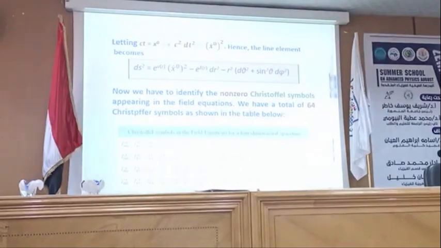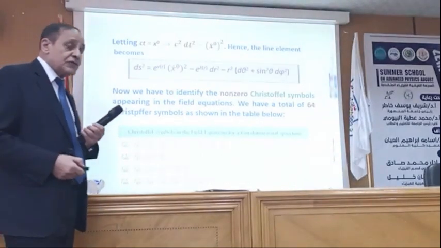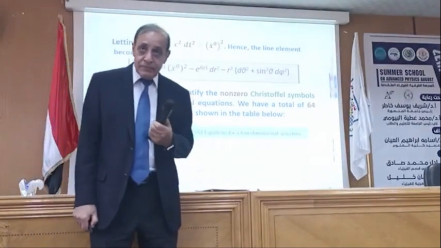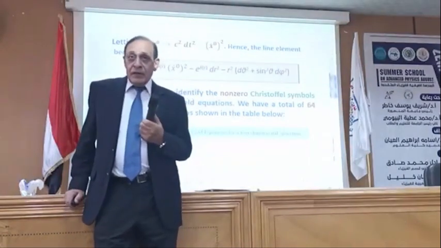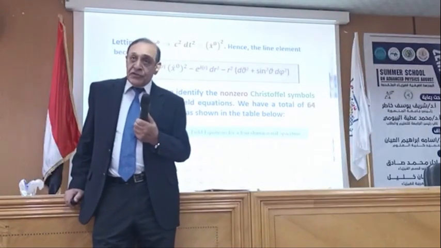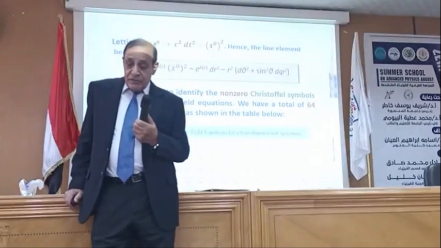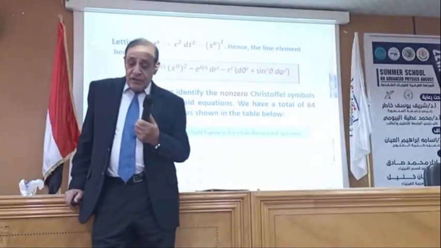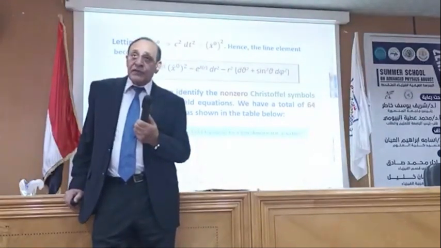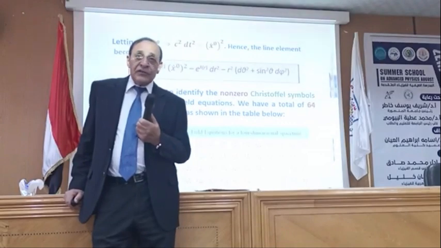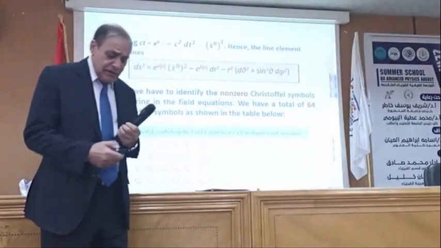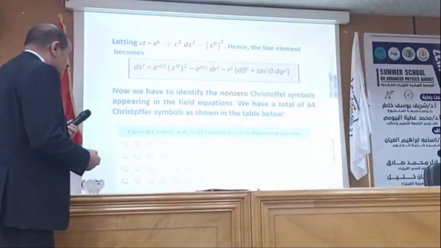Now, look at the Christoffel symbols I have. I have 64 Christoffel symbols. I have to identify these 64 Christoffel symbols. And I can reduce the number of these because I know that Christoffel symbols are symmetric.